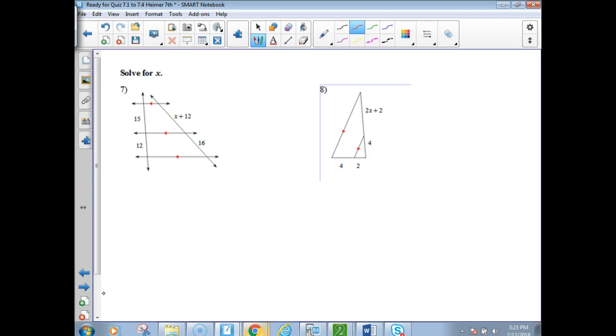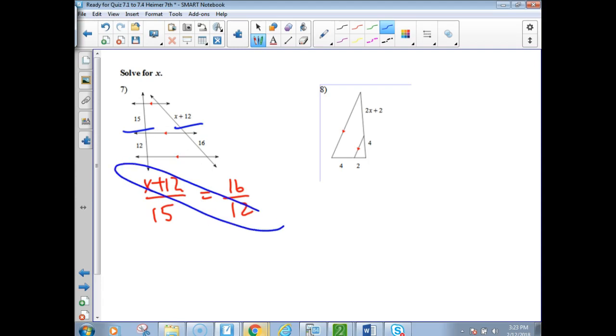Oh, Robert. That'll work. Okay, and I know a lot of you might have just done this. You see what I'm saying? Fraction, fraction. And that works too. You will still have 15 and 16 across from each other and 12 in the x plus 12.